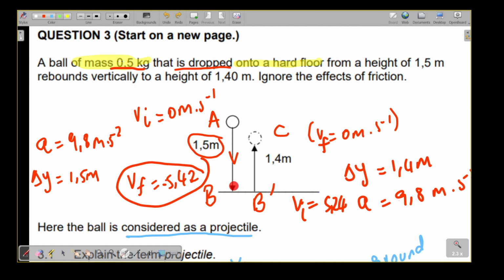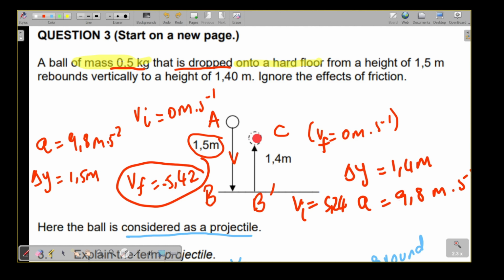Then it reaches the ground. Fine. If it reached the ground at 5.42 meters per second, how much velocity did it leave the ground with? Because we don't know that velocity, but it is the velocity at B prime. But one thing we know is that when it goes back up, it's going to lose velocity, lose energy, and then the velocity is going to be 0 at its maximum height.